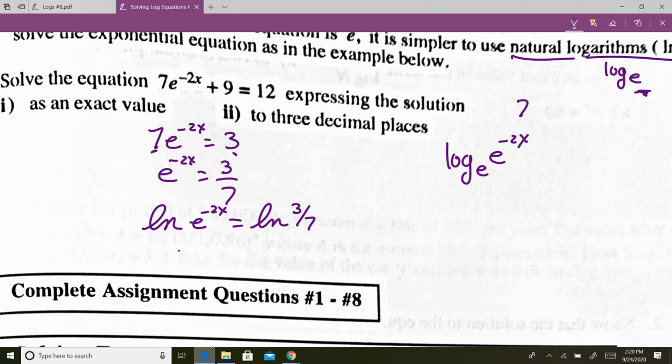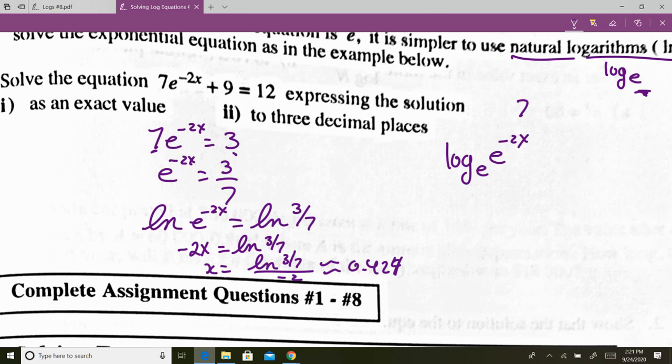So the left side just becomes negative 2x is equal to natural log of 3 over 7. So what's my final step? Divide by negative 2. I think that is 0.424, I don't know.